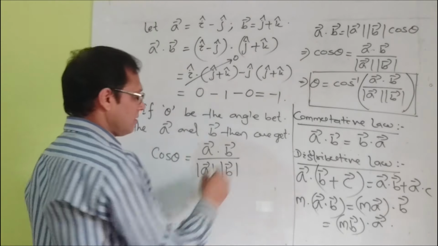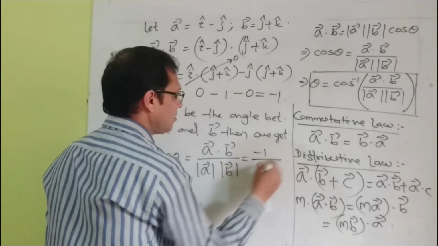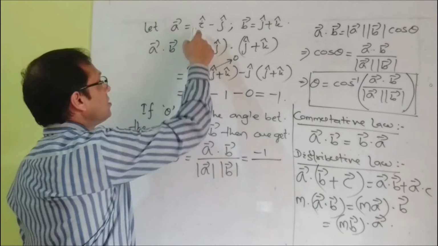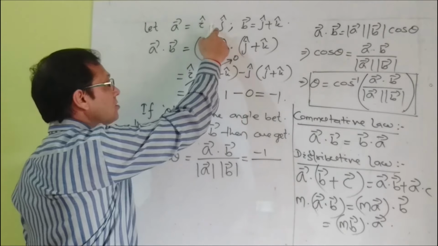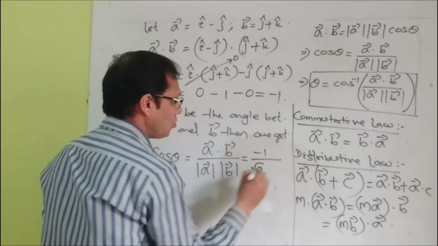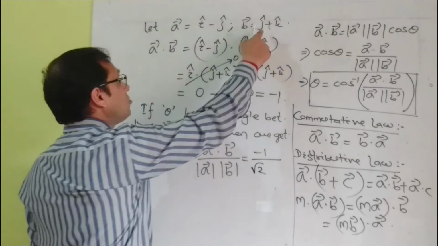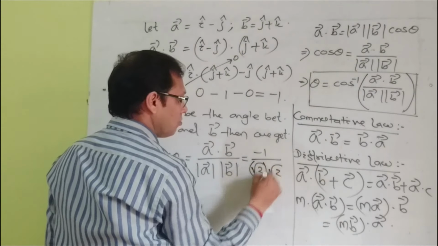A dot B we have just found, that is minus 1, divided by A magnitude, that is square root of 1 squared plus minus 1 squared, that is root 2. Also B magnitude, square root of 1 squared plus 1 squared, is also root 2.